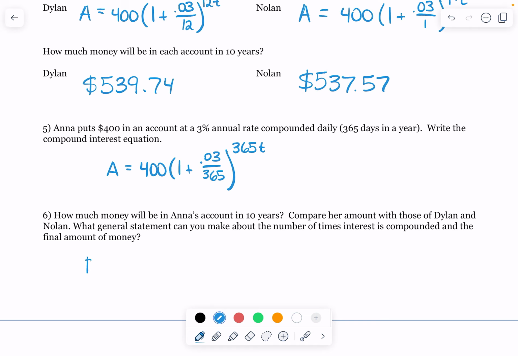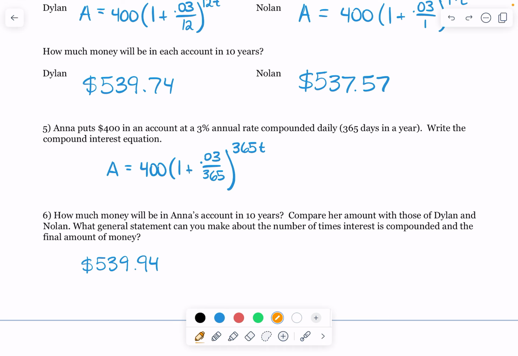And in this case, we're going to find that it would be about $539.94. Okay. What we can see happening here is that the least frequent compounding yielded the least amount of money. Then more frequent compounding yielded more money, and the most frequent compounding yielded the most money. Now, these are not super different numbers, right?